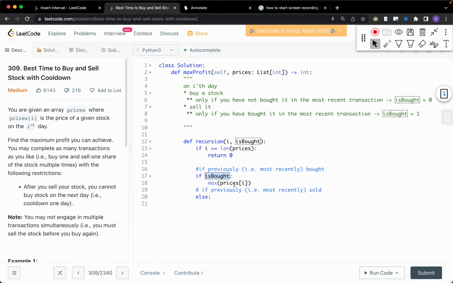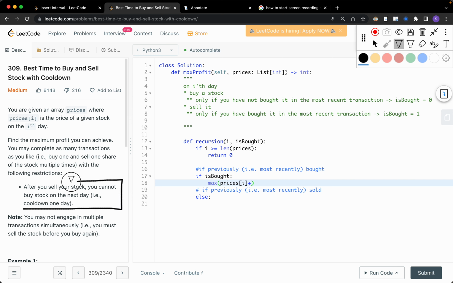So the only thing we can do is sell it on the given ith day. Once we sell it on the given ith day, we cannot go with the i plus 1th day, because as we can see, there has to be some kind of cooldown period that needs to be observed, as you can see here, right?